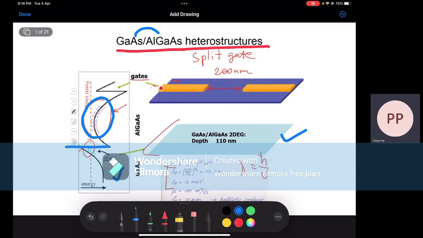That also means these particles have a long Fermi wavelength. You can calculate the Fermi wavelength by taking something like h bar divided by the Fermi velocity. That is lambda, the Fermi wavelength, and it is tens of nanometers. Let me write it in a better way. It's the red one.